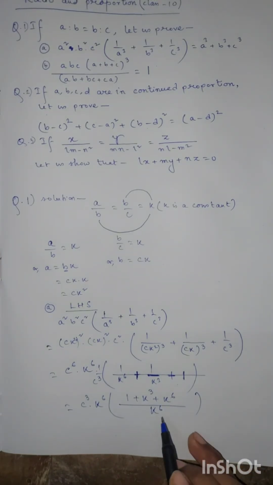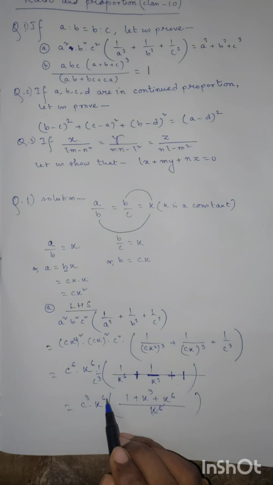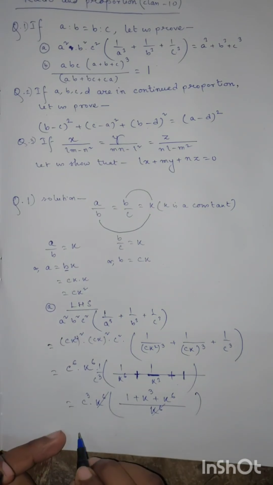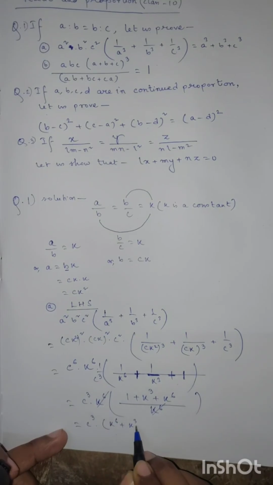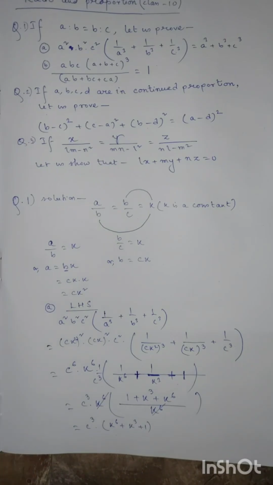Now we can cancel k to the power 6, so we are left with c cube into k to the power 6 plus k cube plus 1. So this is what we are getting from the left hand side.